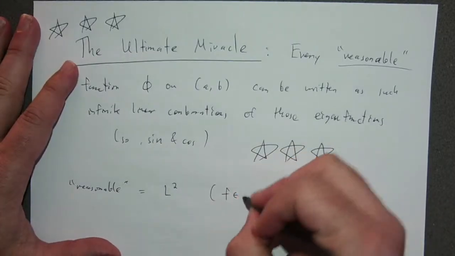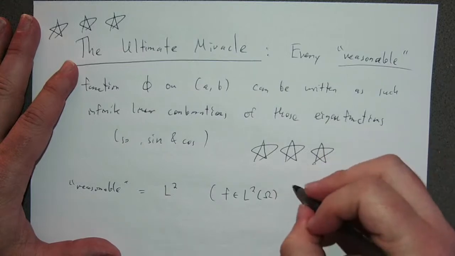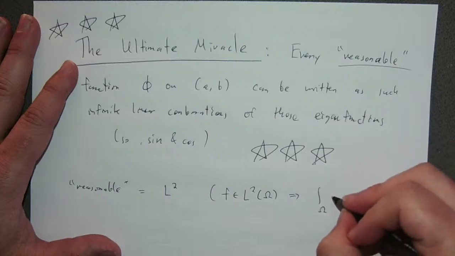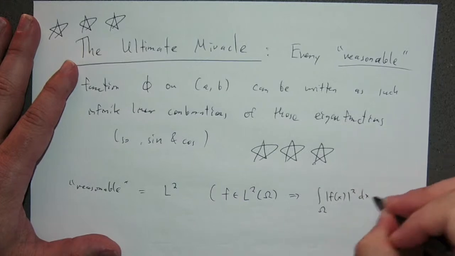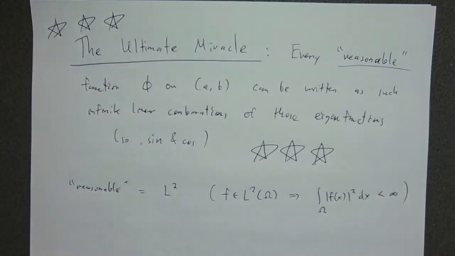So f is in L2 on some domain omega. What does that mean? That means that the integral over omega of f squared is finite. So these are called square integrable functions, L2 functions.